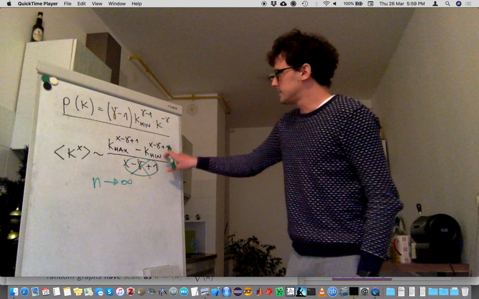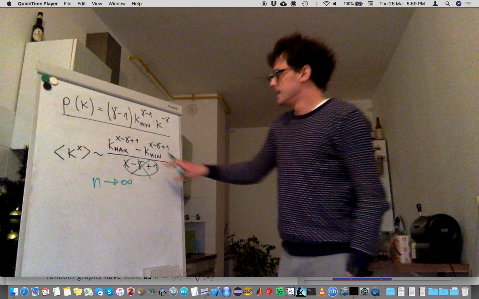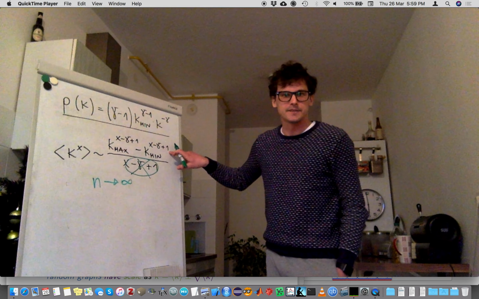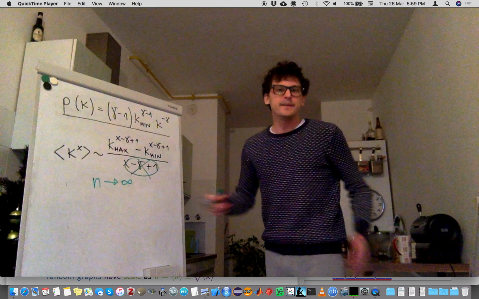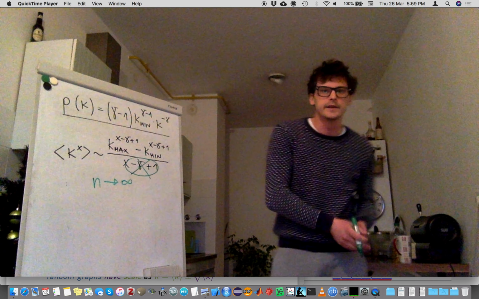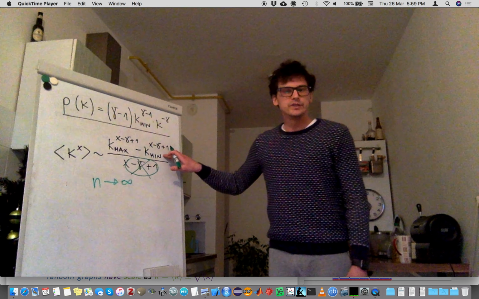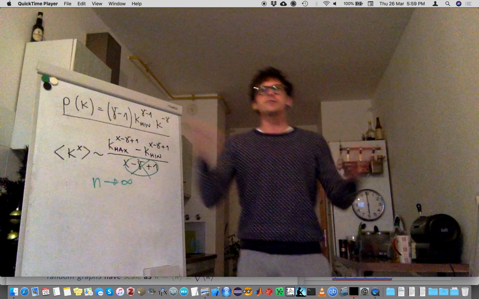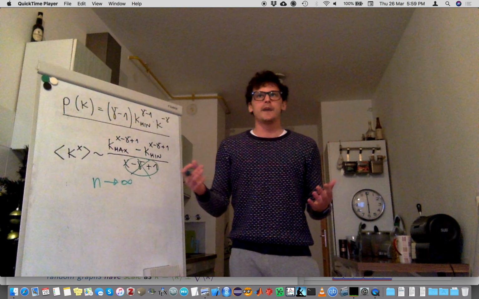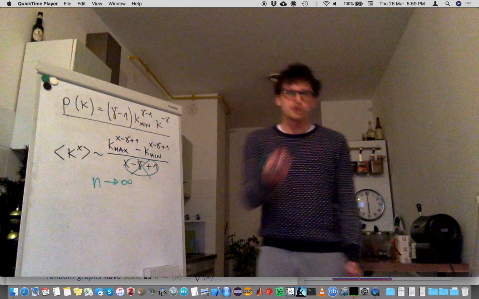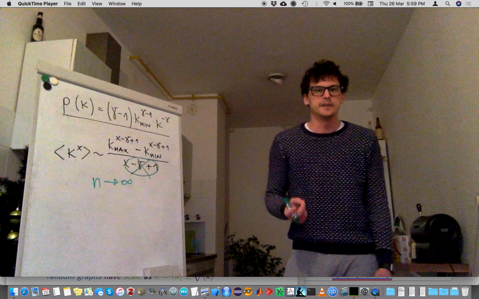Now look at the term on the right hand side. This is k min to some power, which is again some number. In most networks you will have a node with degree 1 or maybe a node with degree 2 or something like that. So this k min will be a very small number and it will not scale with n. Even when you scale to millions or billions or trillions of nodes, you still expect to have at least one node with degree 1.